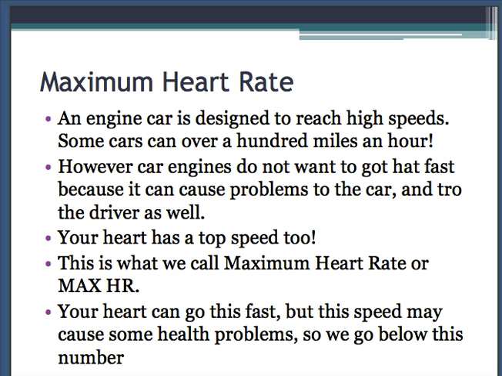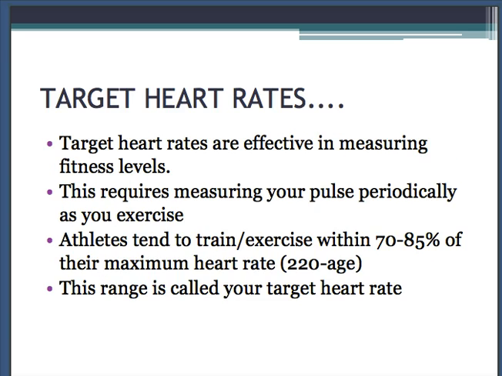When we're looking at the exercise intensity or the energy system used, we're looking at the intensity of our heart rate. And to find that, we need to find our maximum heart rate. Basically this is 220 minus your age. Target heart rates are important in measuring your fitness levels, also targeting your energy levels.